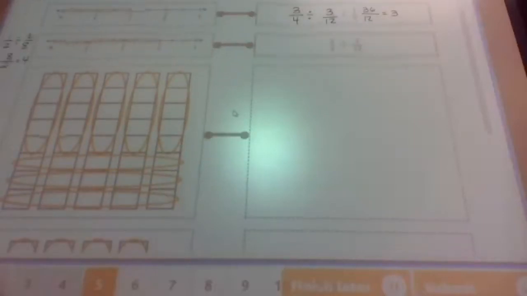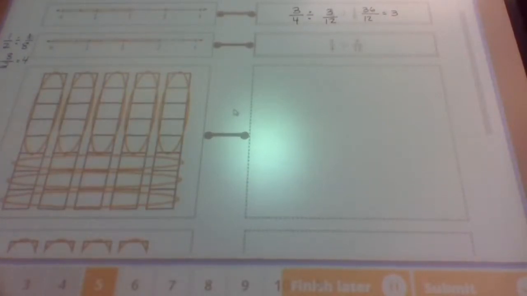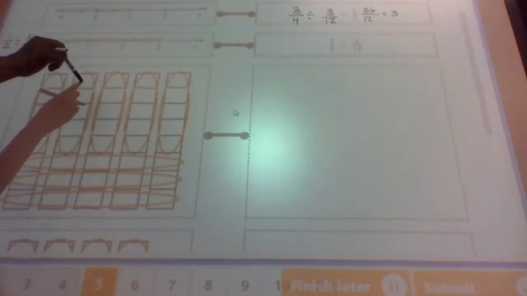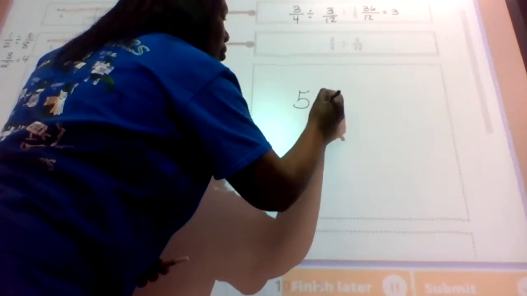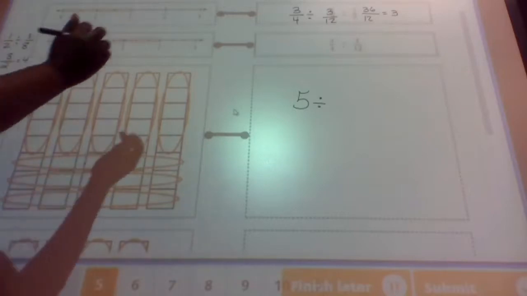No. All right, now this one. Now, is a fraction going to come? Are we dividing a fraction or are we dividing whole parts? Whole parts. How many whole parts? 1, 2, 3, 4, 5. We got 5 whole parts. And now let's see what we're dividing them into. 1, 2, 3, 4, 5 out of what? 6, 7, 8. 5 out of 8, right?